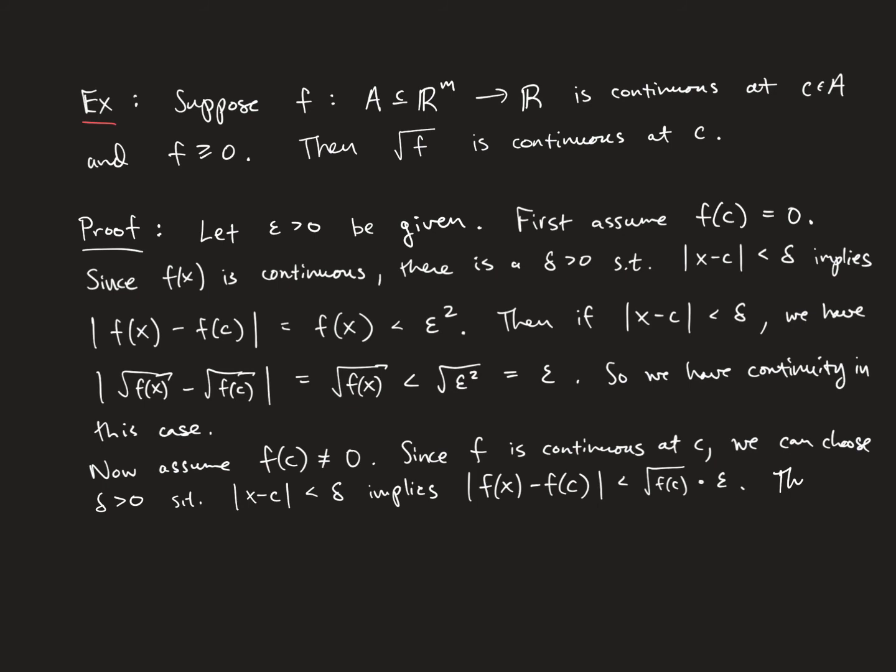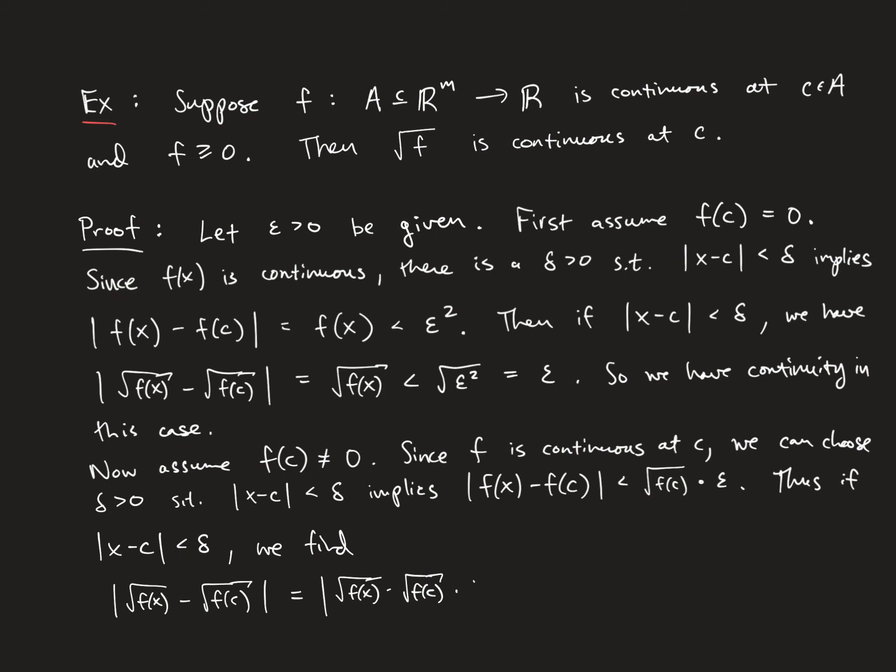So thus, if the difference between x and c is less than delta, we find that the distance between the square root of f at x and the square root of f at c is equal to the absolute value of square root of f at x minus square root of f at c times square root of f at x plus square root of f at c, over the sum.